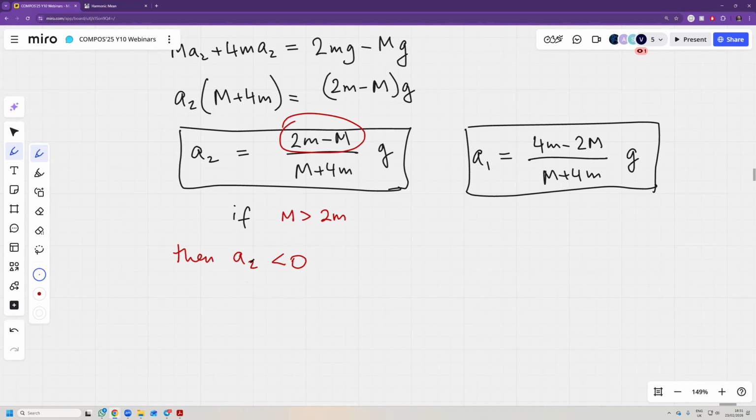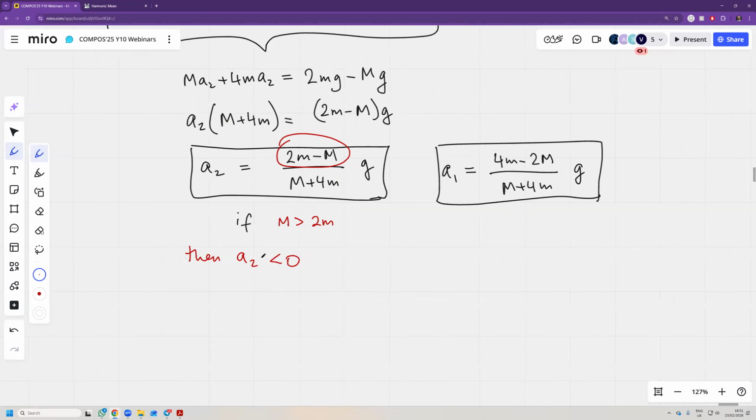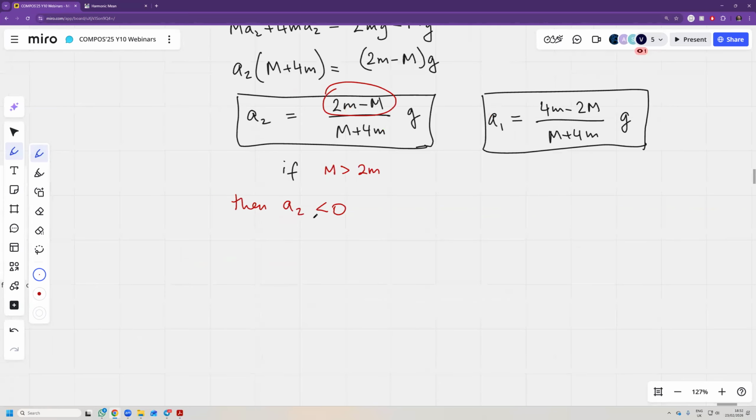And then it just means that the blocks move in the reverse direction, not the one that we assumed. You don't always know which way they're going to move, but once you've calculated it, you can tell the conditions.